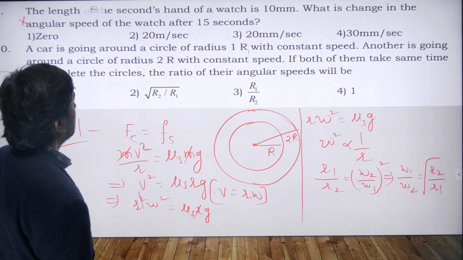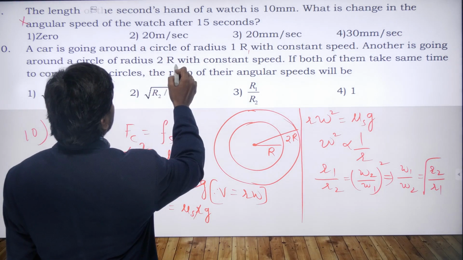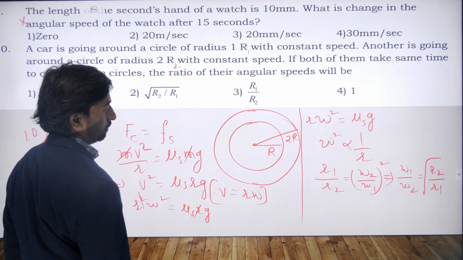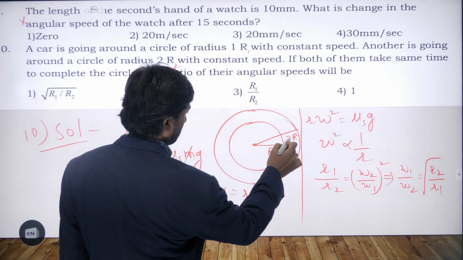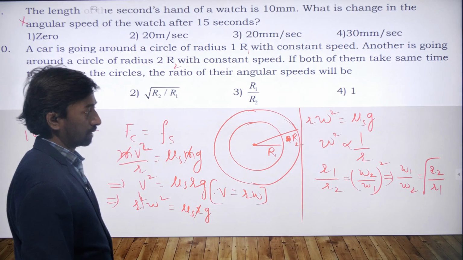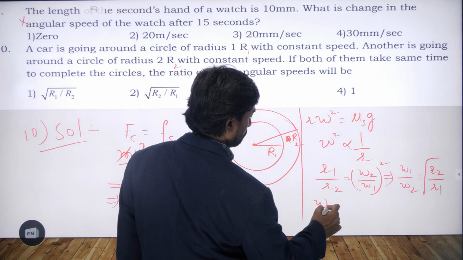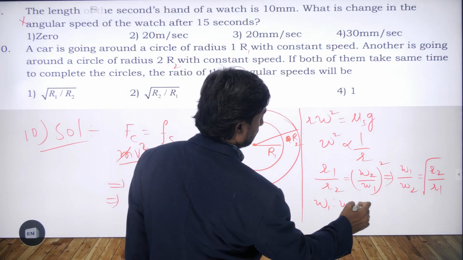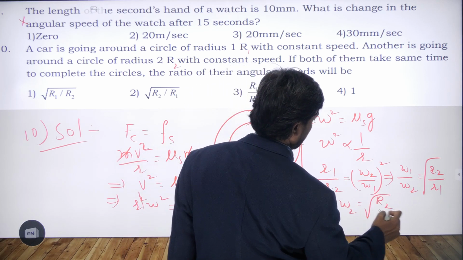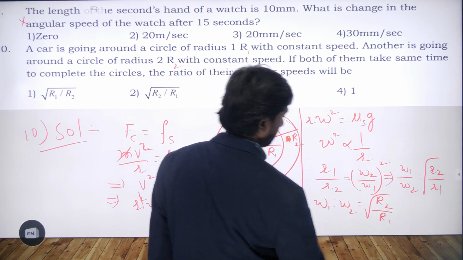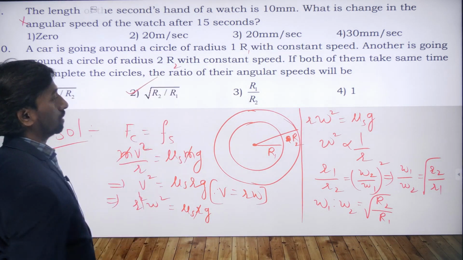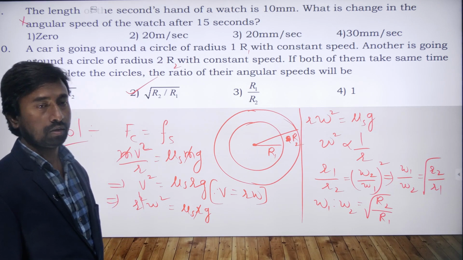Actually this is not 2r, it is r2, and this is not 1r, it is r1. So let us consider this is r1 and this is r2. Then the ratio omega 1 by omega 2 will be square root of r2 by r1. So the answer is the second option.